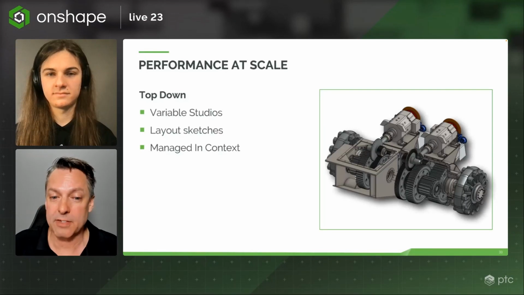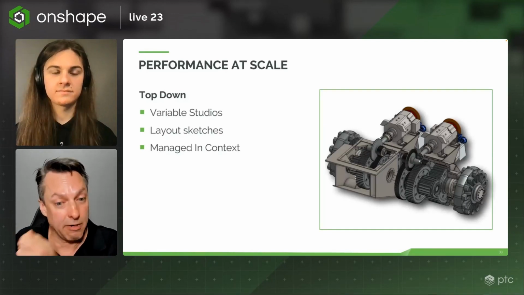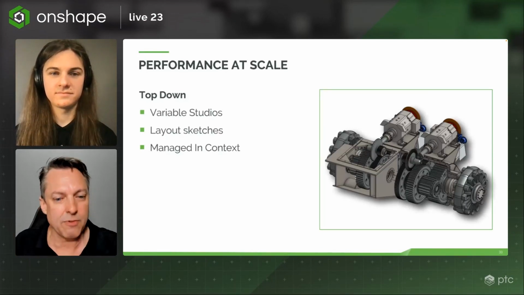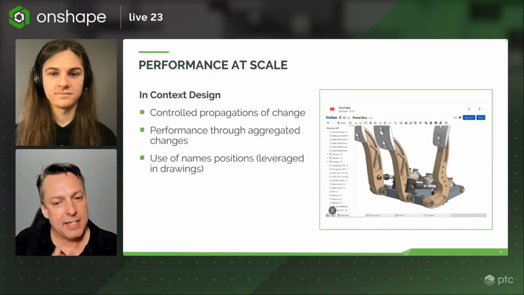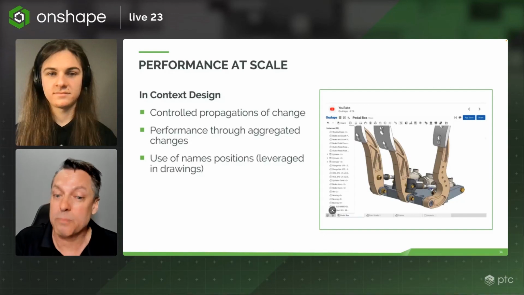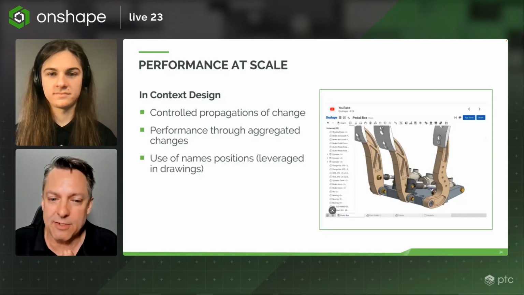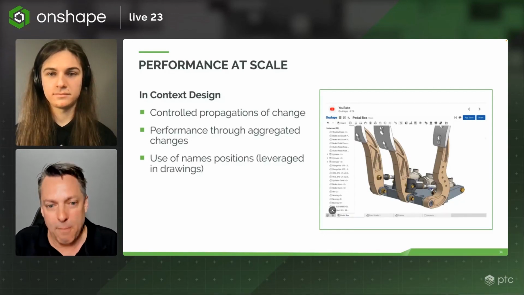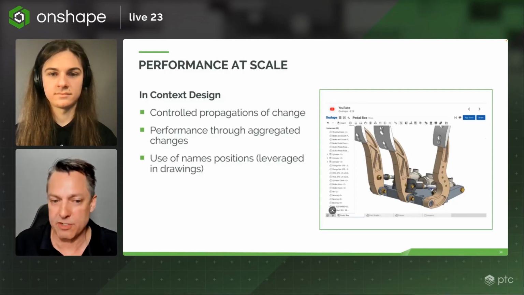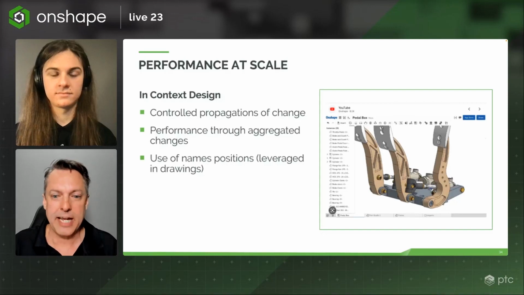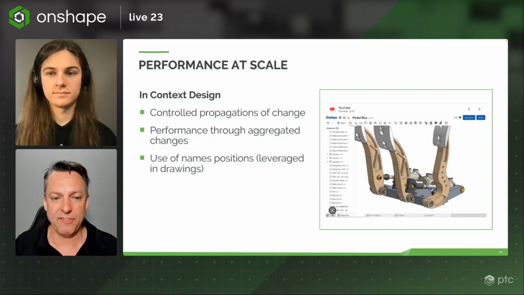The last top-down assembly design capability that we would encourage you to research, if you're not familiar with it, is managed in-context design. Managed in-context design, an analog would be an assembly feature in another system, but without all the problems associated with those older methodologies, whereby, for instance, moving components to a new location would cause the assembly feature to fail.